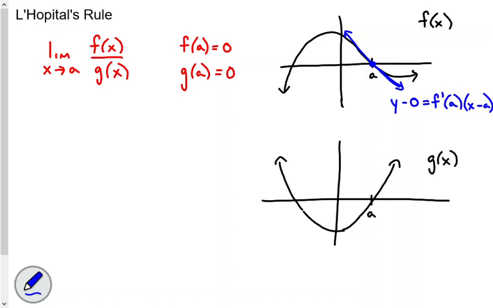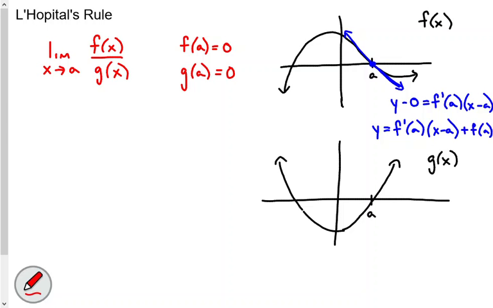Or I can write y equals f prime of A times x minus A plus 0. Hold on for a second, just bear with me and let me write f of A on this side. It's really 0, but we'll write f of A.